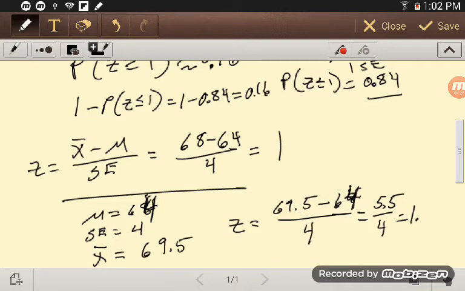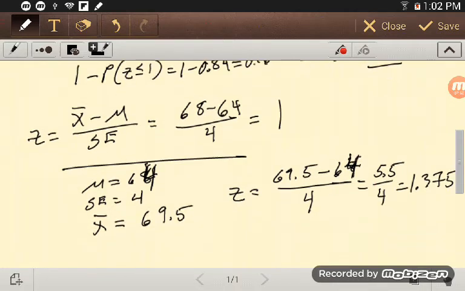That's not quite 1.4, so 1.32575, I don't know, something like that. And so we get that, and I could look up a probability associated with that.